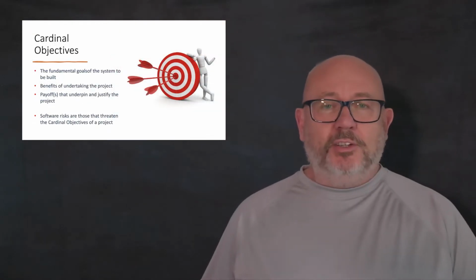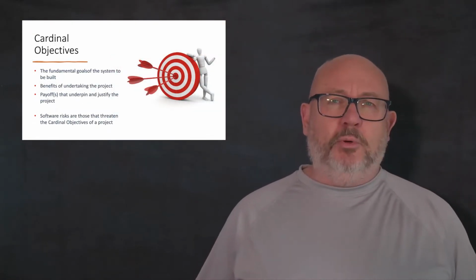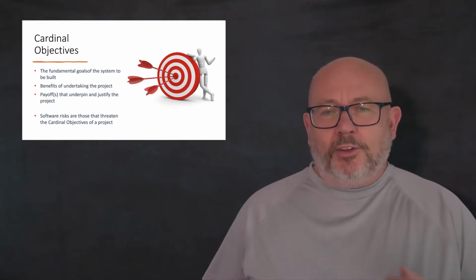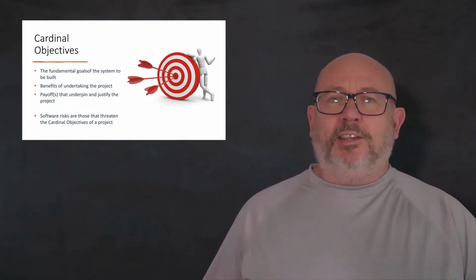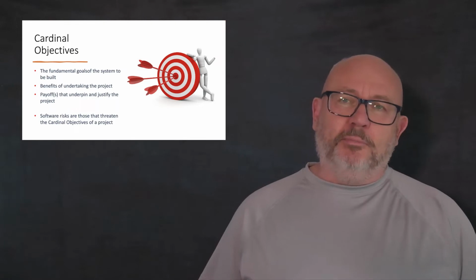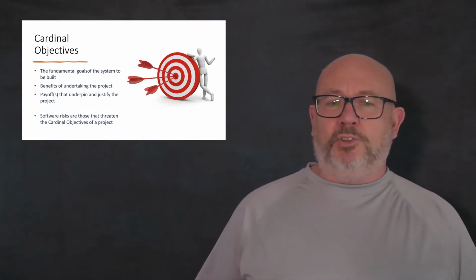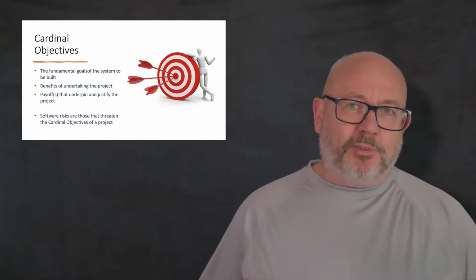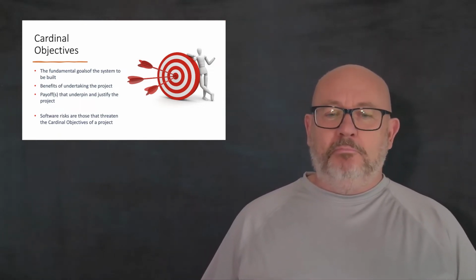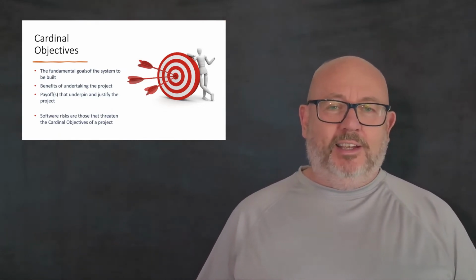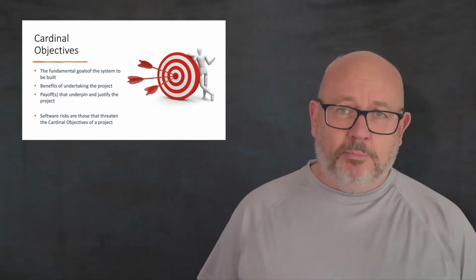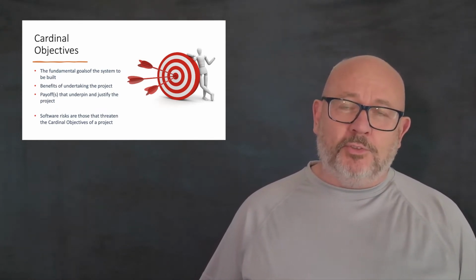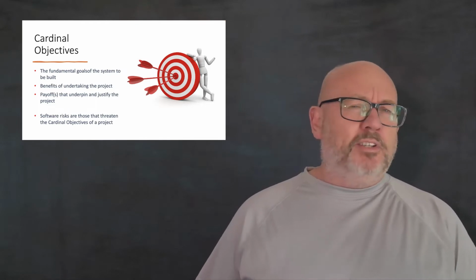So let's touch on cardinal objectives, just so we're clear about what these things are. The cardinal objectives are, if you like, the fundamental goals of a system to be built, the goals of the project. Now, those goals might be benefits of some description, of course, and there might be some monetary income or revenue to be obtained through the successful completion of the project, or there might be some kind of cost saving.